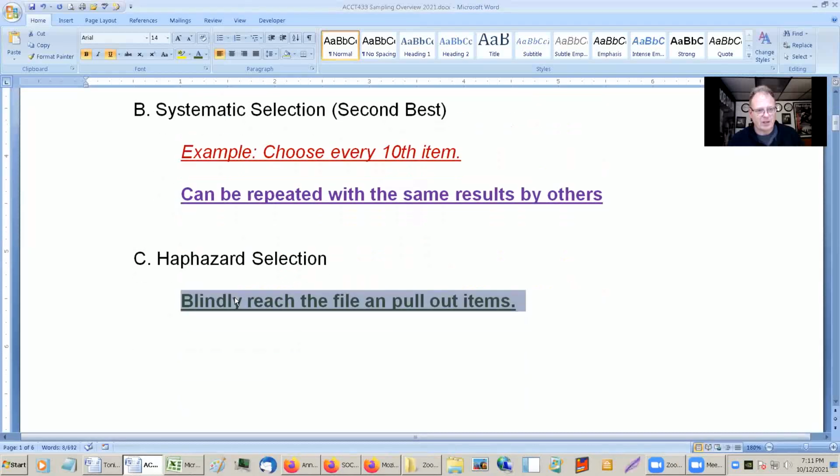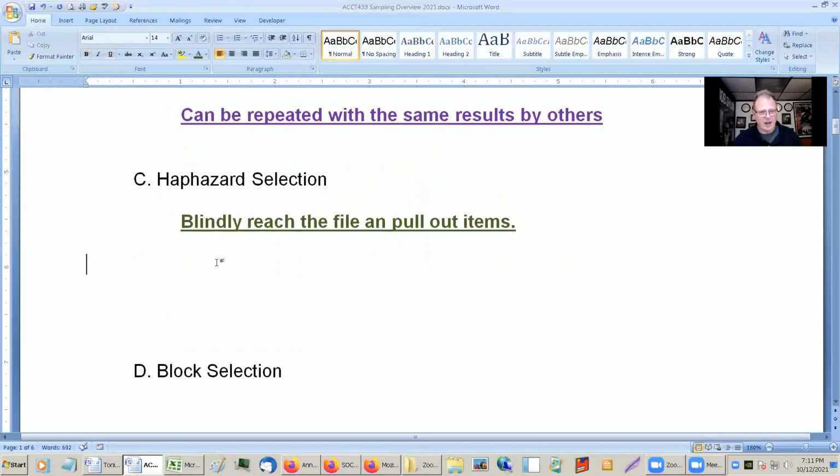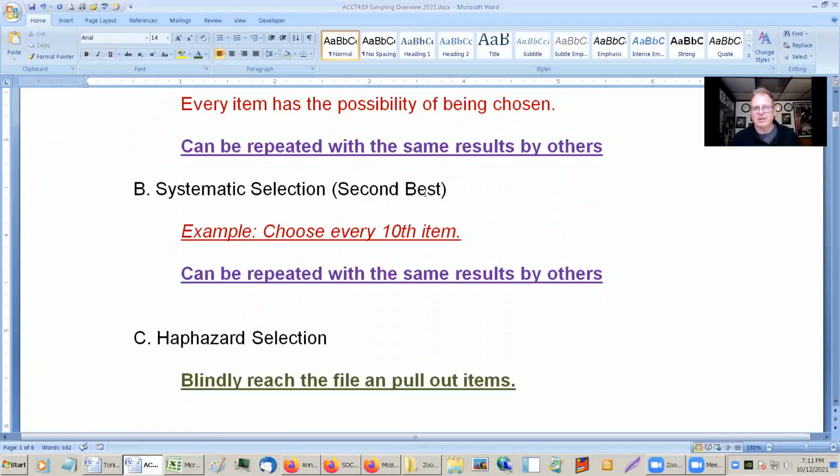Maybe I'll go ahead and tell you, I have an old auditor story on that one. So haphazard, I actually did one of these one time because I couldn't do either of the other two.